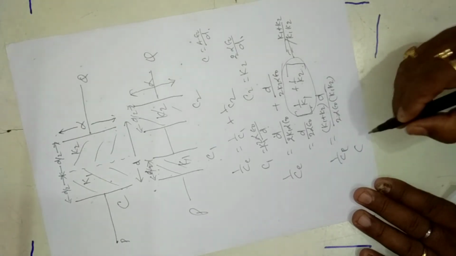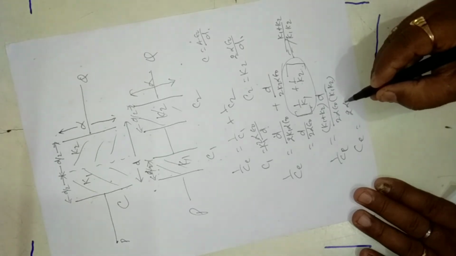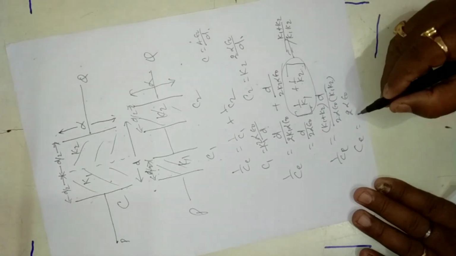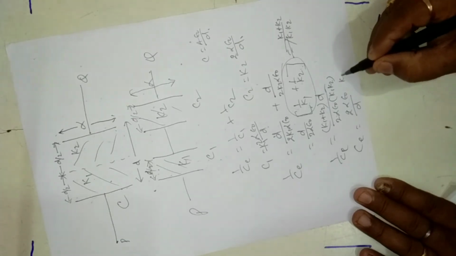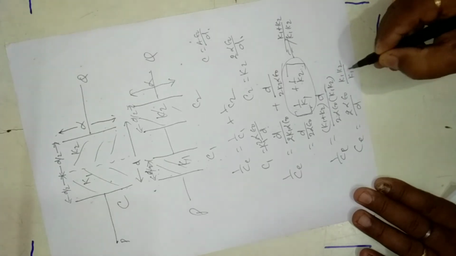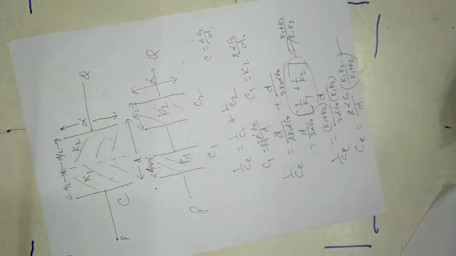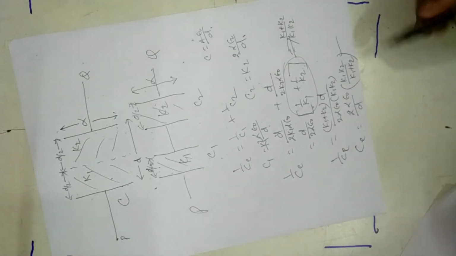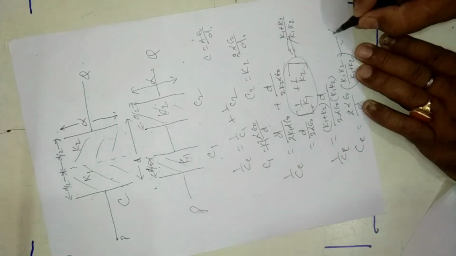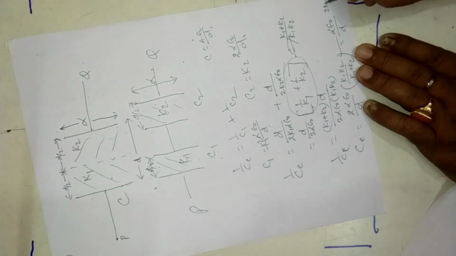Therefore C equivalent will be 2 alpha epsilon naught divided by D into K1 K2 divided by K1 plus K2. So this factor is added and 2 is added here. Altogether, we have alpha epsilon naught divided by D into 2 K1 K2 divided by K1 plus K2.